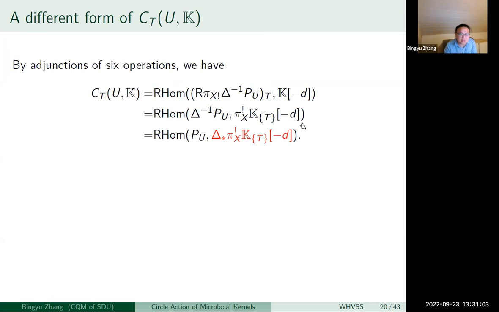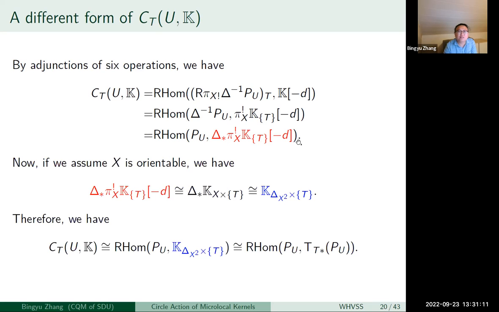Now, if we use the adjunction formula, we can formulate everything in this form. And then, if X is orientable, we can rewrite it in a different way as a constant sheaf supported on the diagonal.